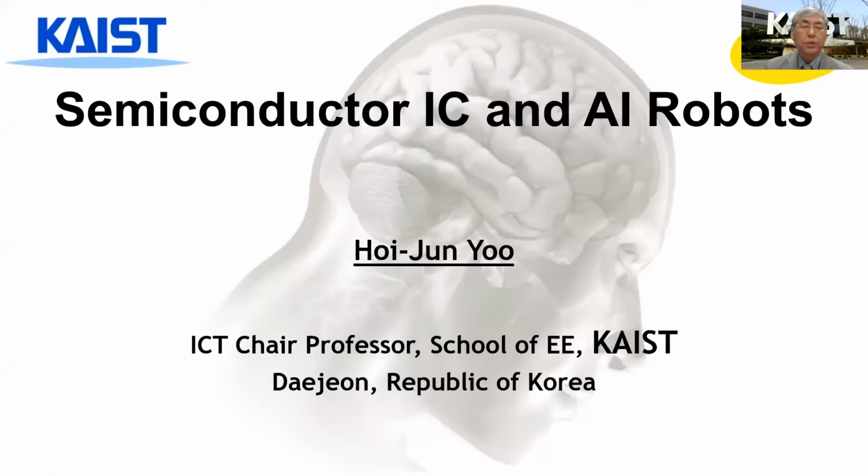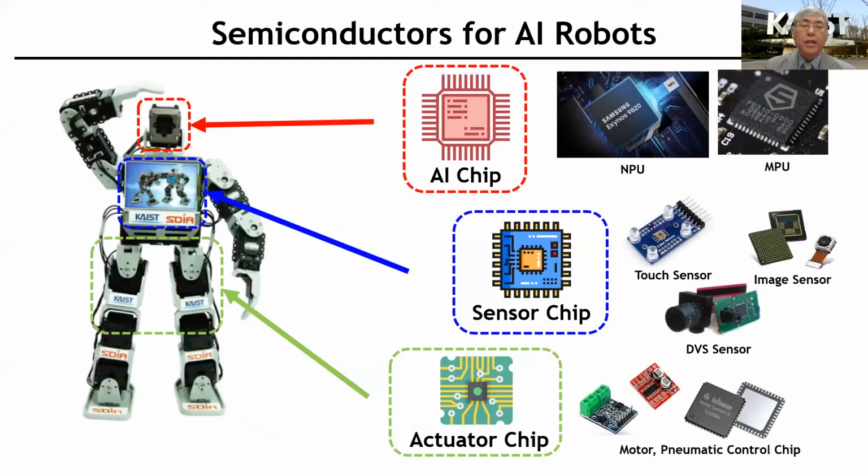And I'm very happy to have this chance to introduce you to semiconductor ICs and AI robots. The AI robot contains many semiconductors inside. For example, the AI chip, MPU or CPU, are required to control and also make intelligent decisions.